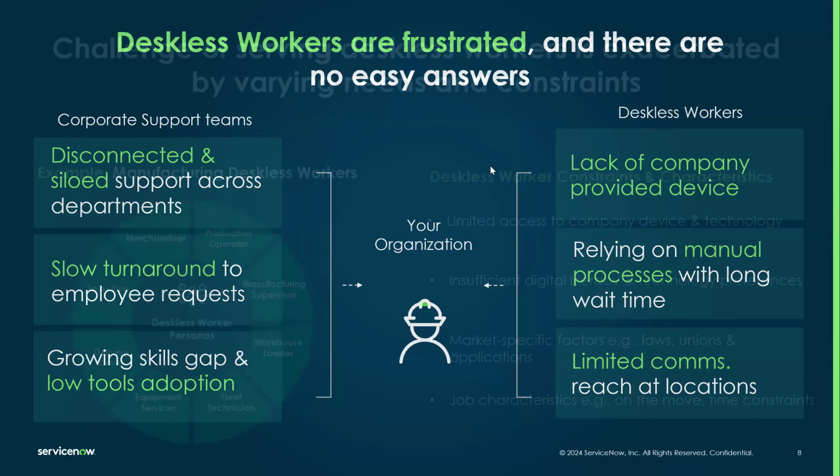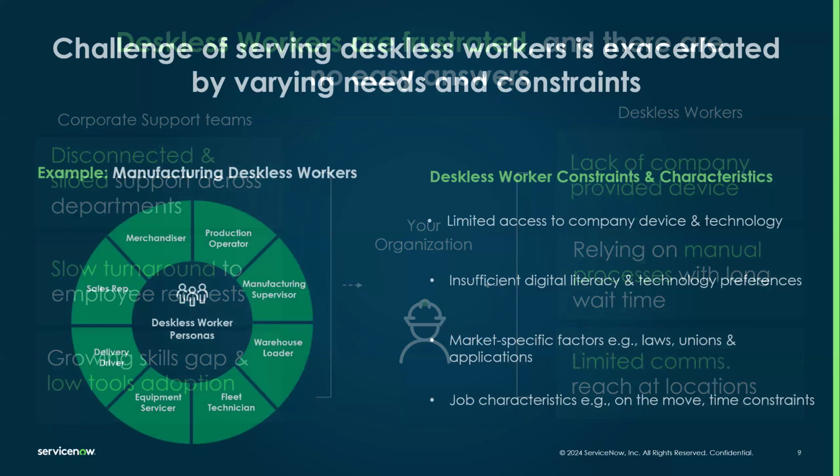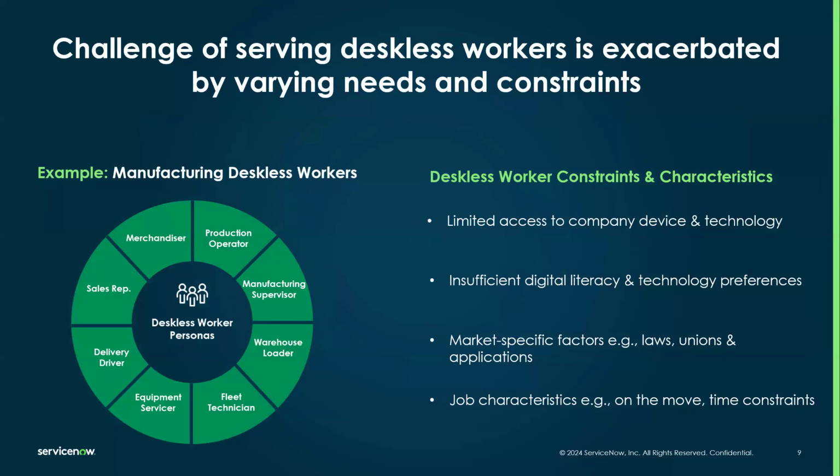And that is essentially because if you look at the deskless workers, they look very different depending on the role. Even if you just look at manufacturing, this was built out of one of our customers, and if we just look at their deskless workers, the variety of deskless workers that they describe in their workflows is so high. And each of these roles in the deskless worker space varies in terms of how much access they have to a company device.